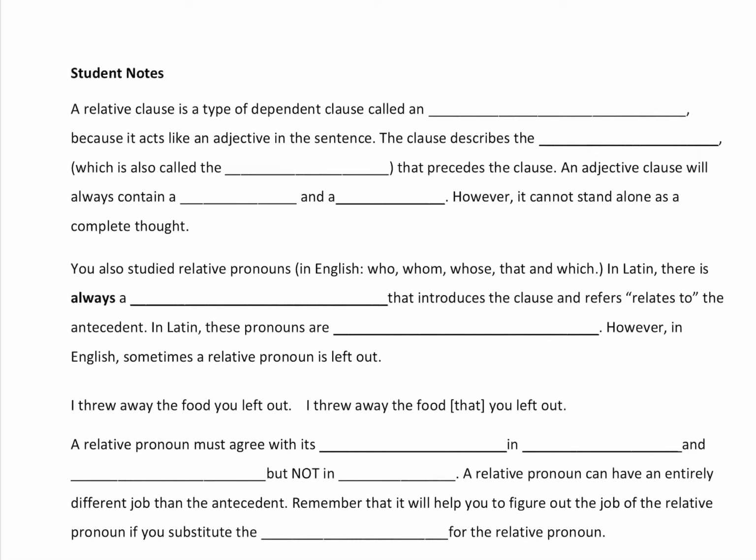Now last year you studied relative clauses, and a relative clause is a type of dependent clause called an adjective clause. Adjectives modify nouns, okay? And it's called an adjective clause because the whole set of words, instead of being a single adjective, acts like an adjective in the sentence.